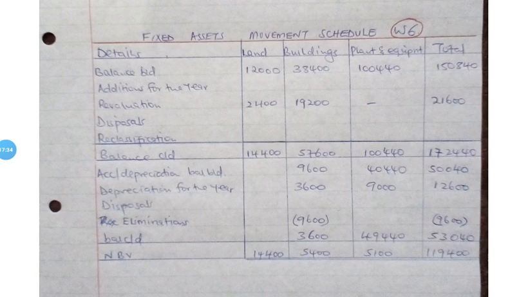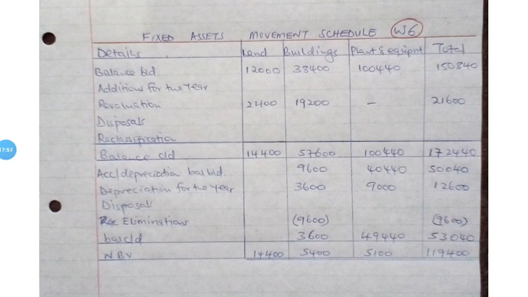So you eliminate 9600, and now we shall have only the depreciation for the year. That is what we shall be left with. It will start accumulating its depreciation from now, this current year, going forward to the next 16 years. So now you'll get the balance cut down.